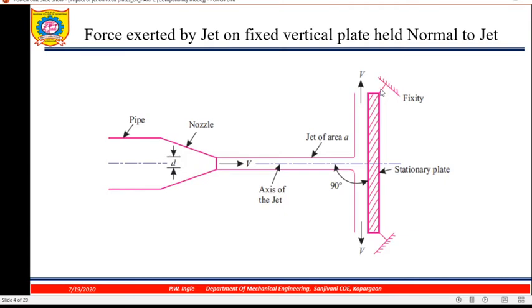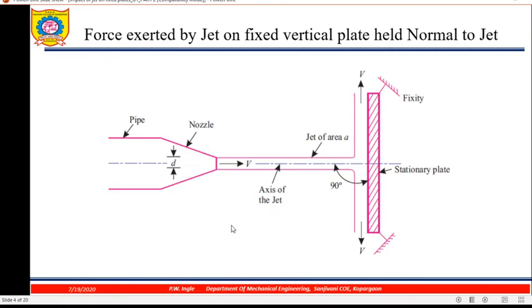This is fixed. The jet having a diameter d issues from the nozzle with the velocity v. Okay, so you are getting impact here, and the jet will flow like this, correct? This is the axis of the jet and v is the velocity of jet.